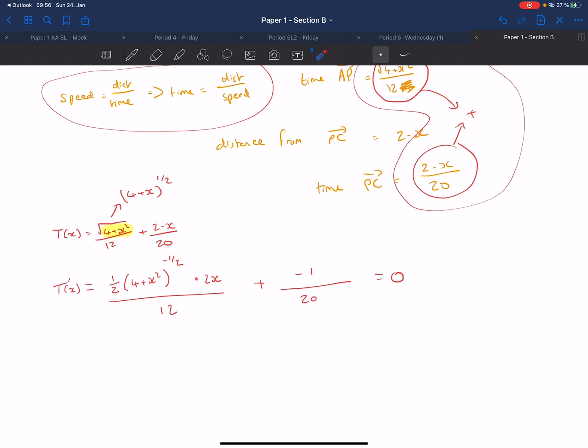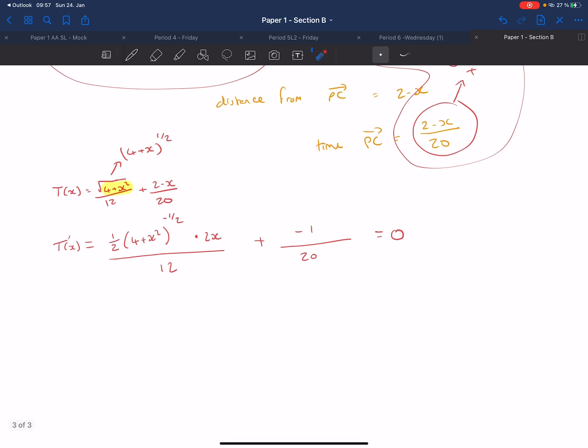But now I'm trying to solve this, and looking at the power, negative a half isn't going to help me solve this. So I'm going to be better off now swapping that back to the square root, and the negative is going to make it a reciprocal, because that's going to make the rest of it easier to solve.